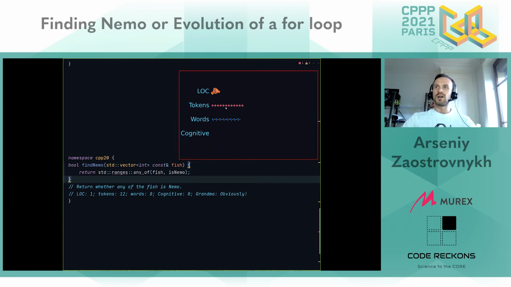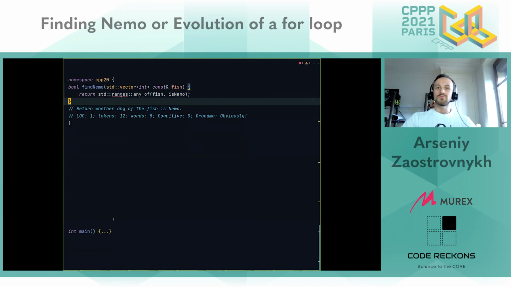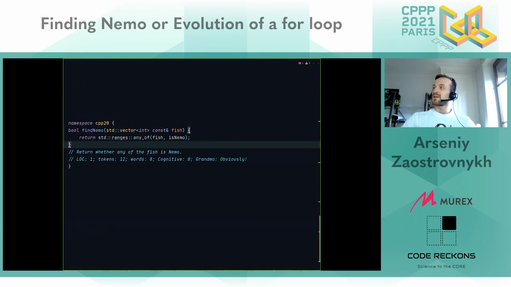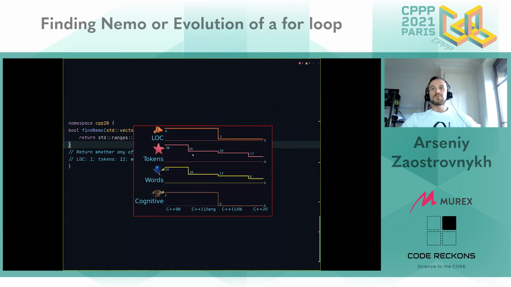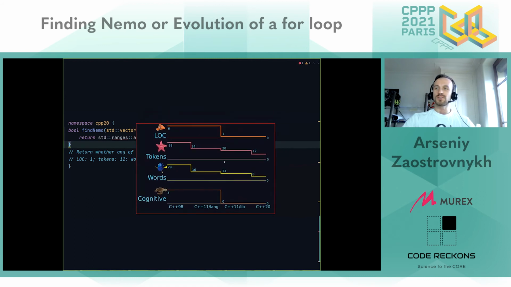So you get the same number of lines of code, fewer tokens, fewer words, again 0, and grandma just gets bored. So in the end, the complexity by all metrics decreases if we go along with the later and more modern standards.